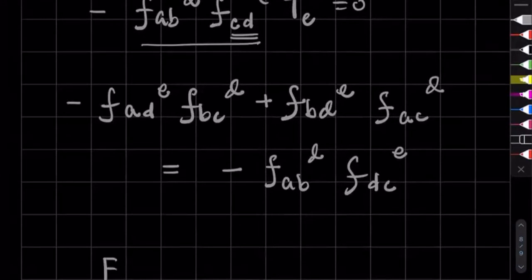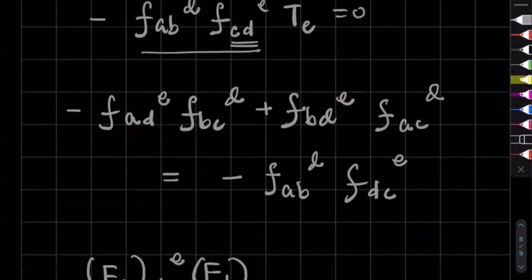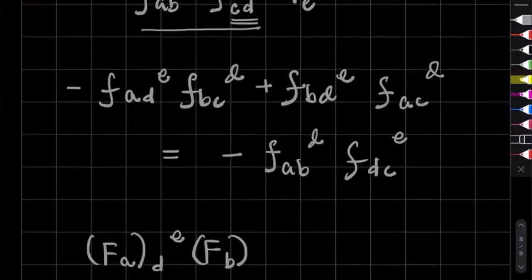We get the matrix f_A, its DE element, multiplying the matrix f_B. Sorry, it should be... Hang on. Yeah, sorry.